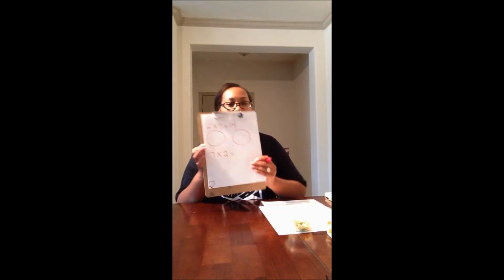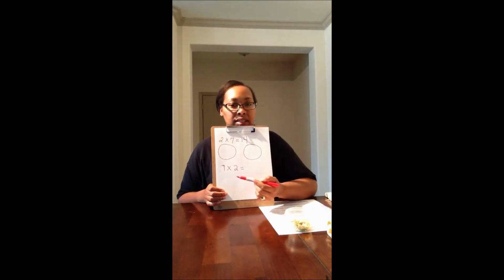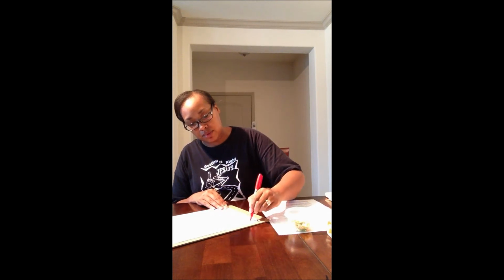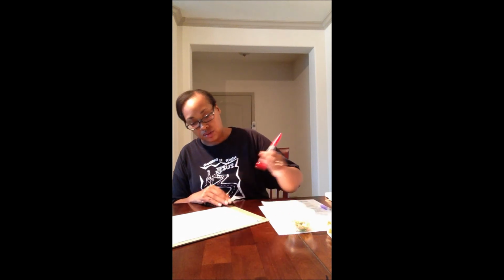So let's try 7 times 2. That means that we're going to have how many sets? 7 equal sets with 2 in each set. So we'll draw 7 circles. That's how many circles you should have on your paper.